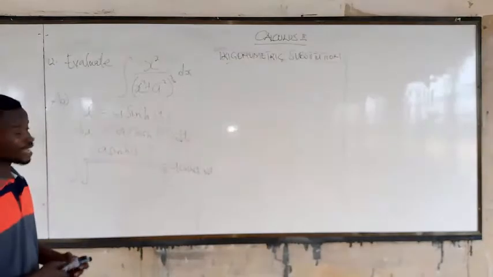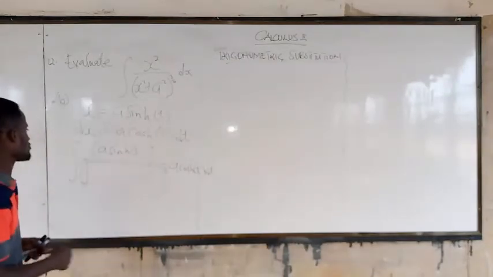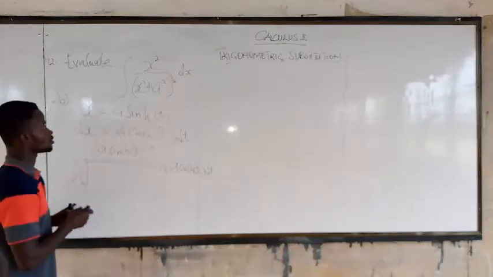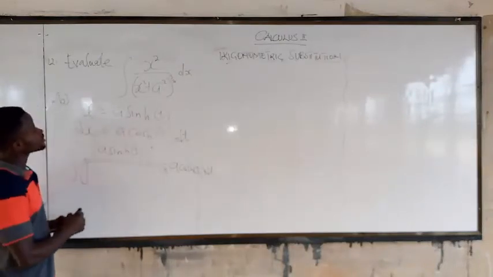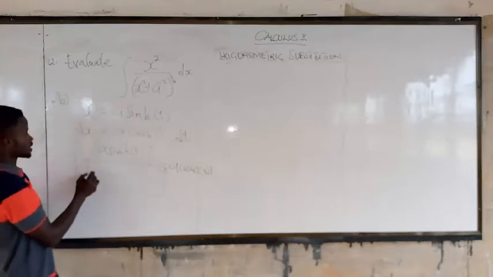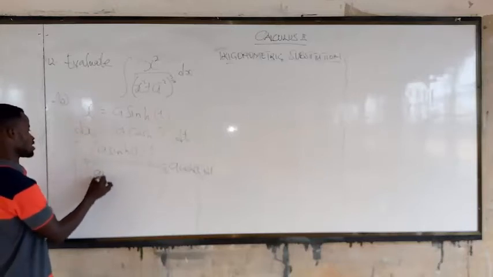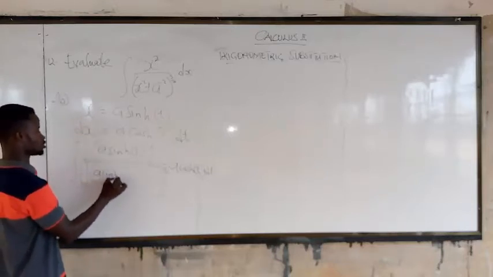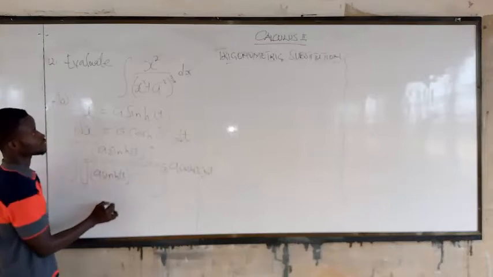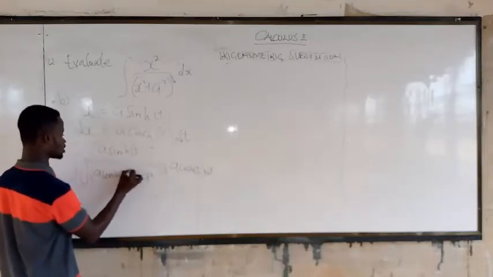Sorry for my marker. I hope you can see it. So now here we get s squared, which is (a sinh t) squared, plus a squared, all these to the power 3.